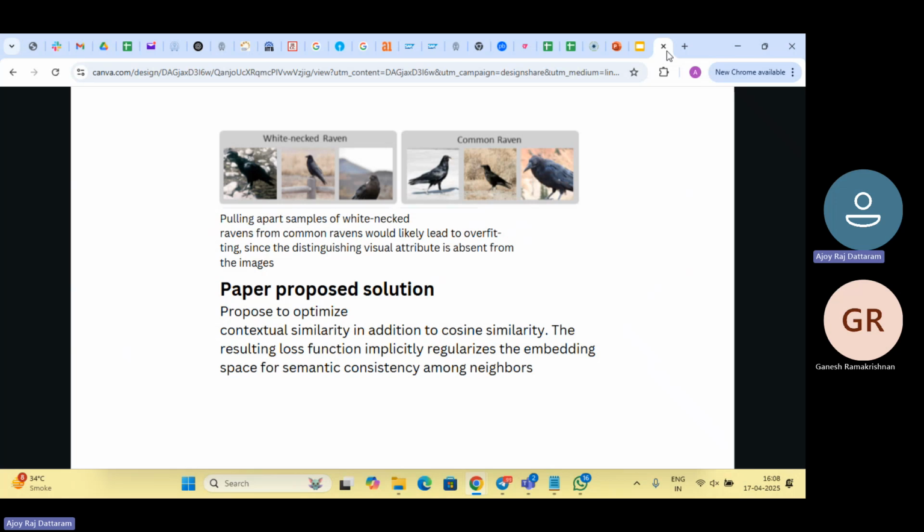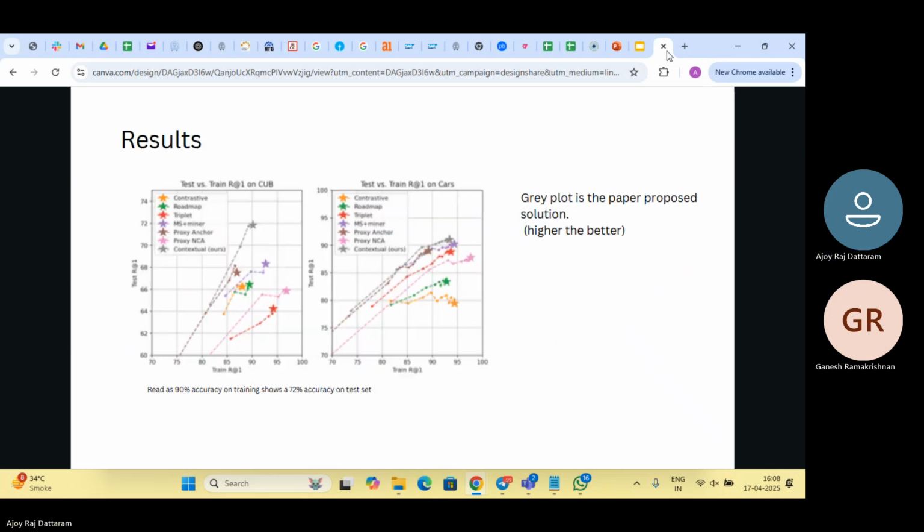The paper is trying to increase the distance in embedding space between these two embeddings so that they can be classified easily. The results they have proposed perform better than every other solution that they compared with.